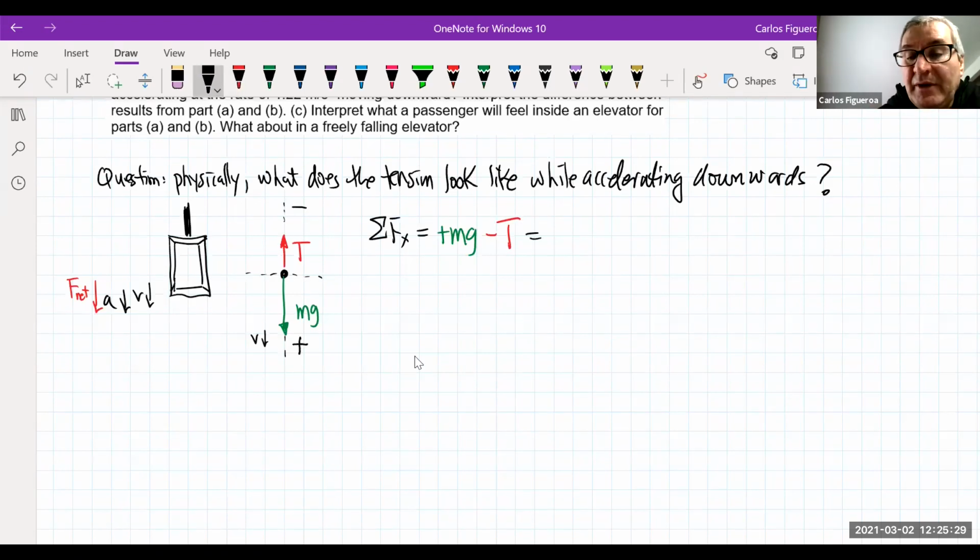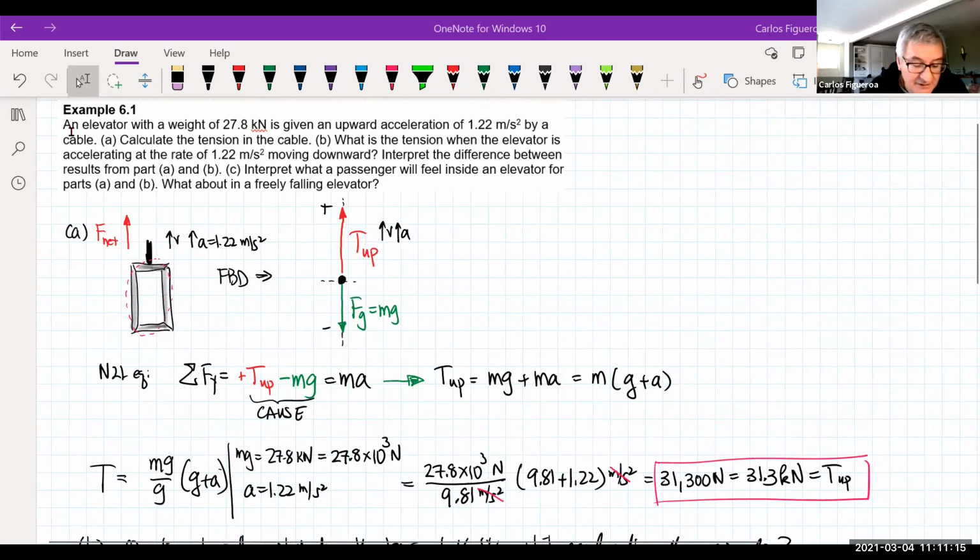And what am I accelerating? Mass times acceleration. So what caused this thing to accelerate? It's mg minus tension.